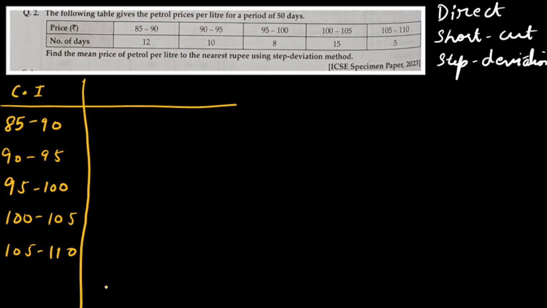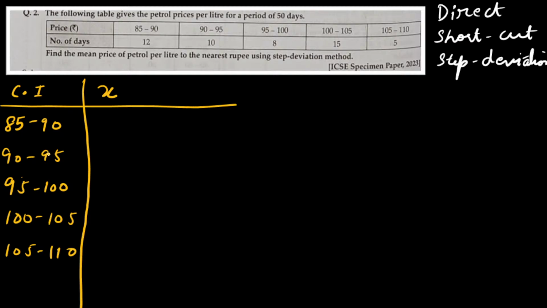This is the class interval. We have to find the class mark now. Class mark I am writing as x. For the mean, class mark is very important. Our intervals are continuous. You can see here the upper limits and lower limits are matching, so that means the intervals are continuous.